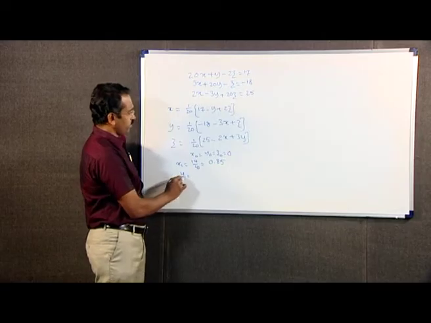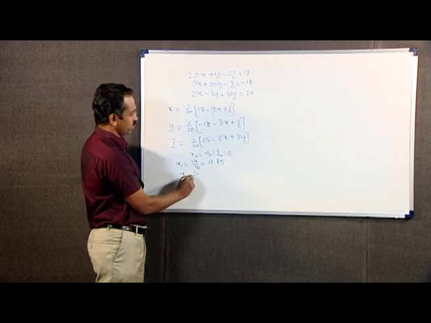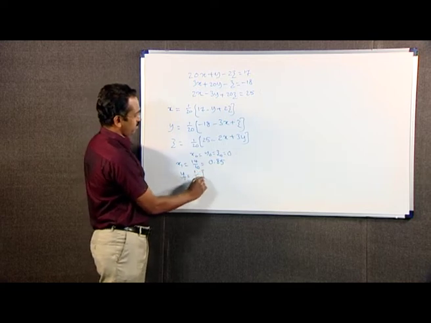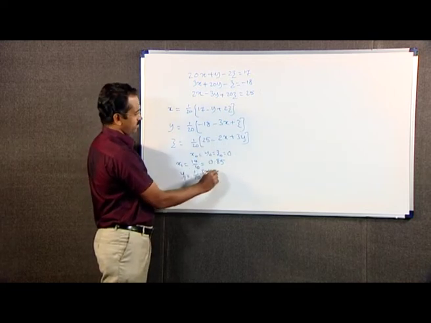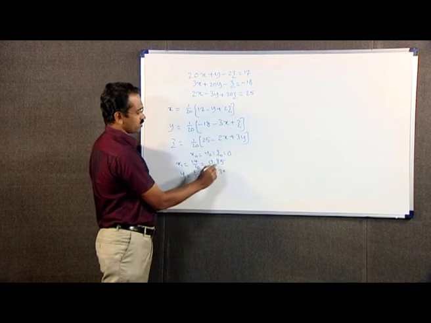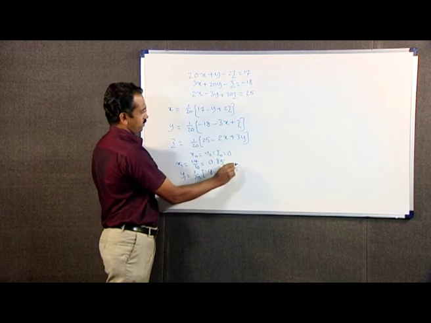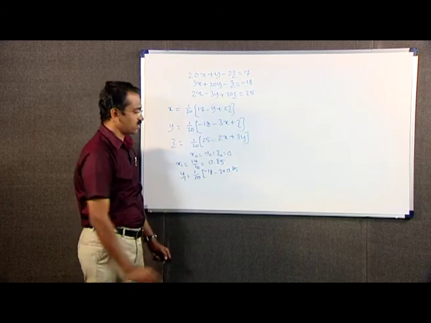y1 is equal to 1 by 20 into minus 18 minus 3 into x1, x1 is 0.85, plus z0 is 0.